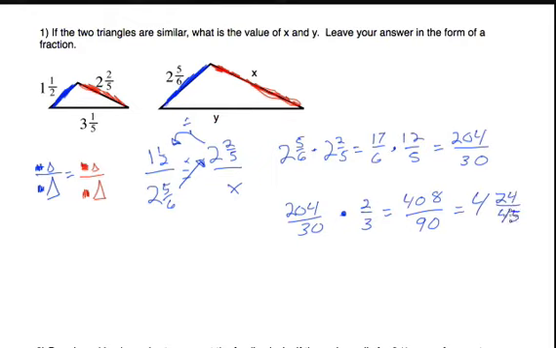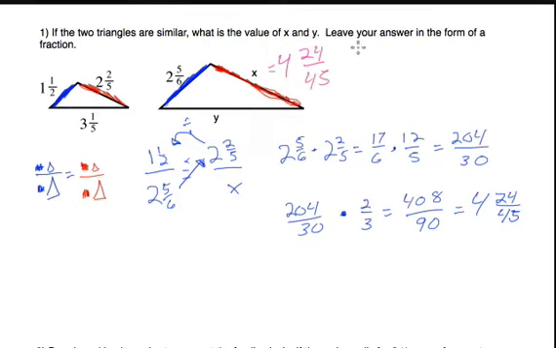And this may be able to be reduced further. Let's see, that's 6, that's 4. That can't be divided by 6 or 4. All right, I'm going to leave it like this. If you can reduce this further, yay for you. So x equals 4 and 24 over 45.